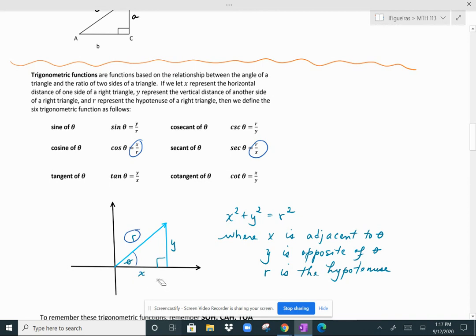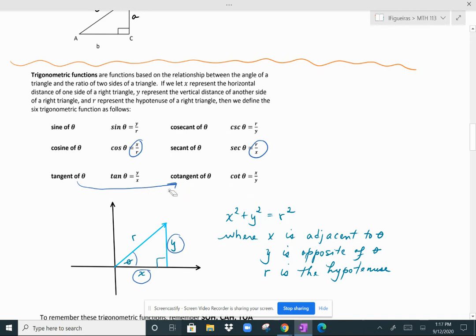And the last one is cotangent. Cotangent, abbreviated cot of theta, is the reciprocal of tangent. So it's x over y, adjacent over the opposite side. So tangent and cotangent do not use the hypotenuse.